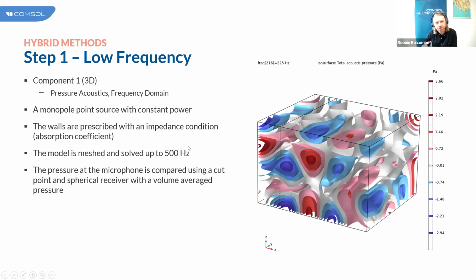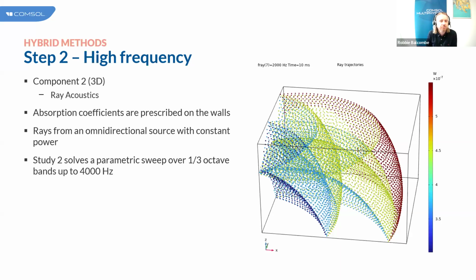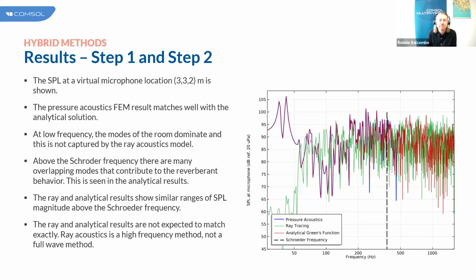Once the computational cost of this wave-based method starts to become considerable, then we switch over to using a ray-based approach. And we can bring these results together so that we are able to combine the data and look at the low frequency based results calculated with a wave-based finite element approach and also the higher frequency data, which is calculated using a ray-based approach.